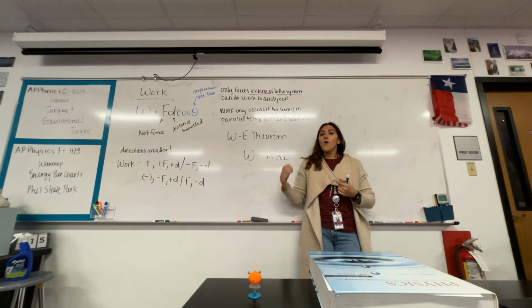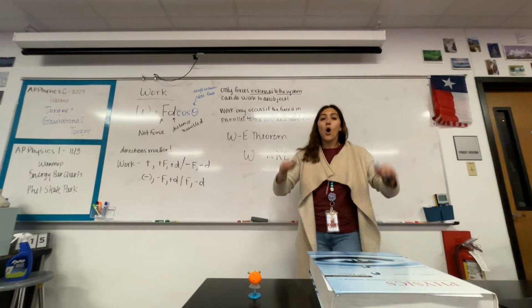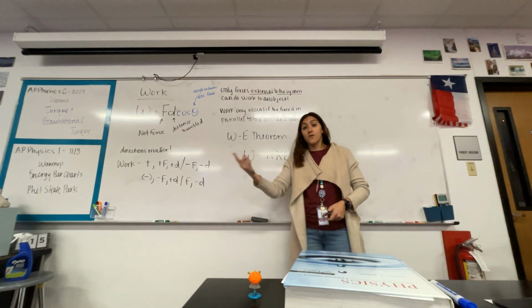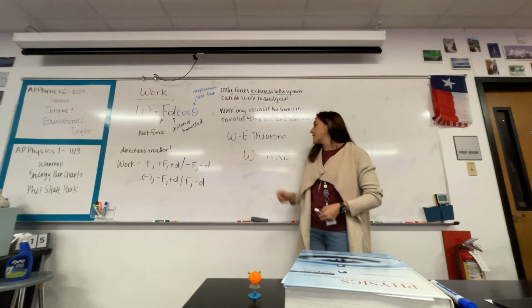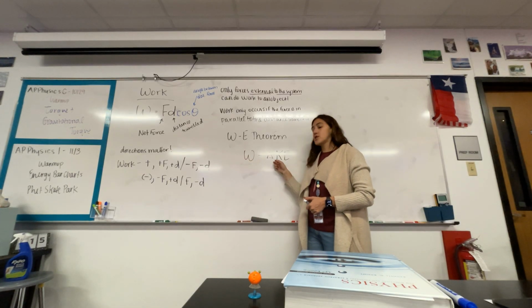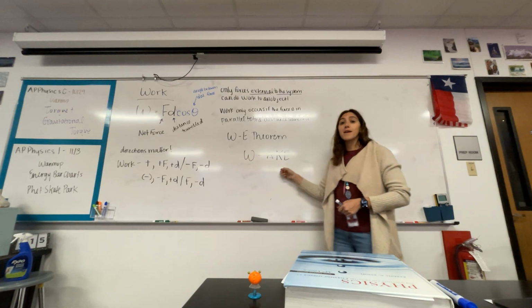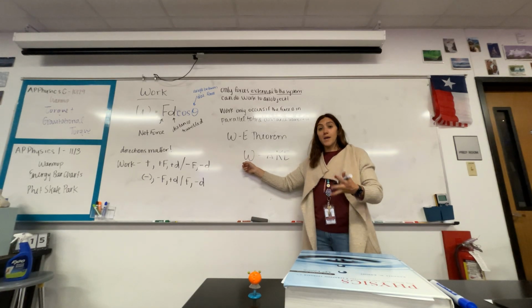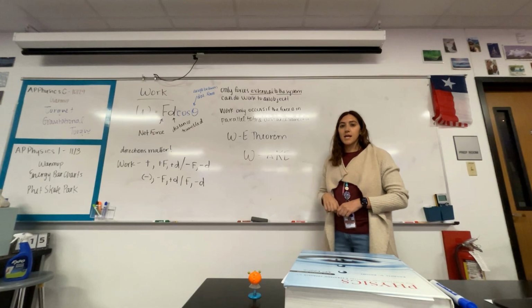So this is only a work energy theorem in the sense that if the system is only an object, not earth and not a spring, the only type of energy it could have is kinetic. So work must turn into a change in kinetic energy. Either I add work to the system and my kinetic energy increases, or I do negative work to the system, take energy out, and reduce the kinetic energy.